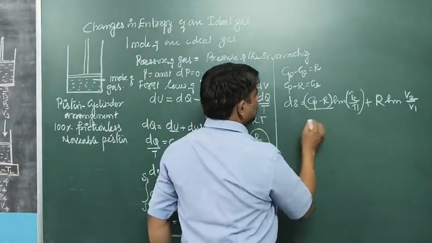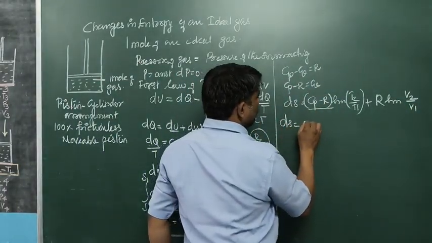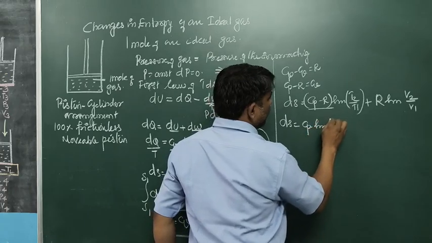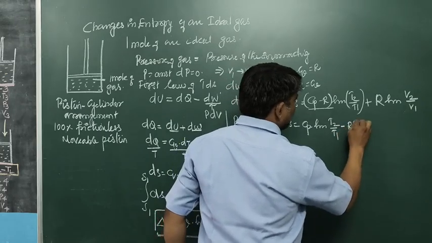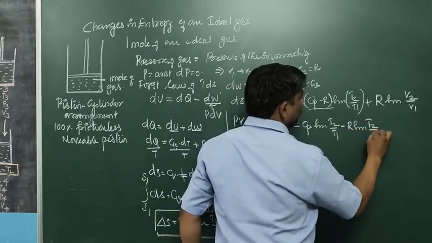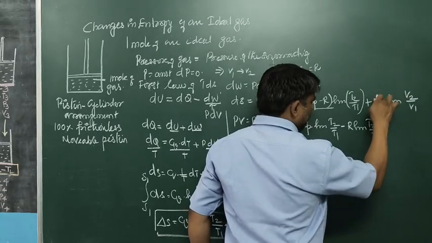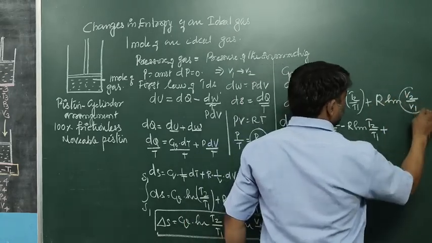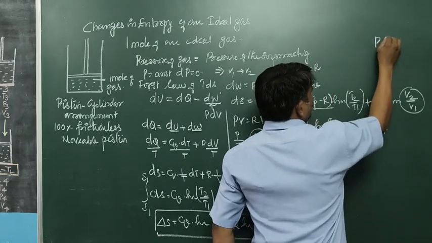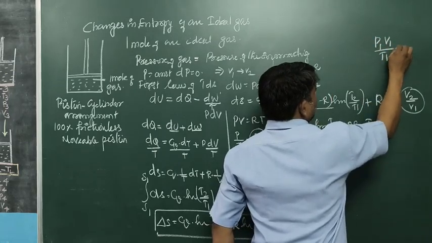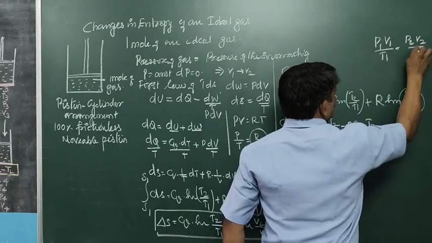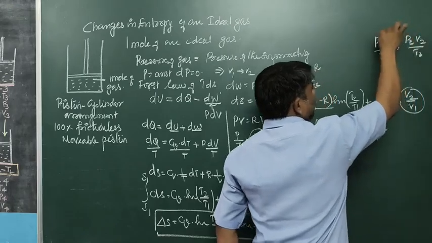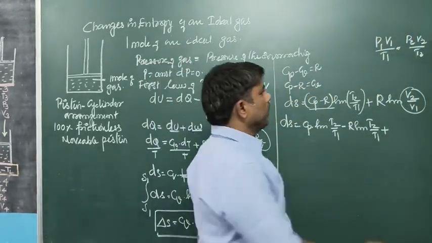Expanding this, the change in entropy is Cp ln(T2/T1) minus R ln(T2/T1) plus R times V2 by V1. From P1V1/T1 = P2V2/T2, I need V2 by V1.